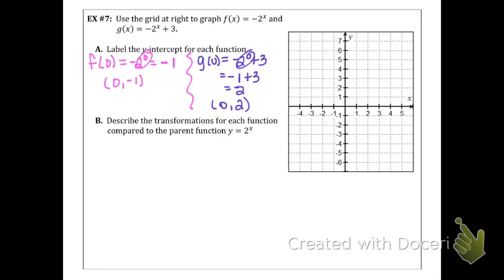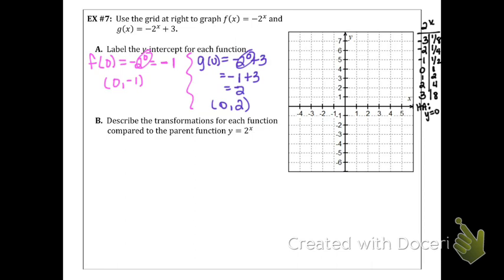My parent function is 2 to the x. If I pick some values and plug them in, 2 to the third is 8, 2 to the 2 is 4, 2 to the 1 is 2, 2 to the 0 is 1. So 2 to the negative 1 is 1 over 2, then 1 over 4, and 1 over 8. And my horizontal asymptote is still at y equals 0.